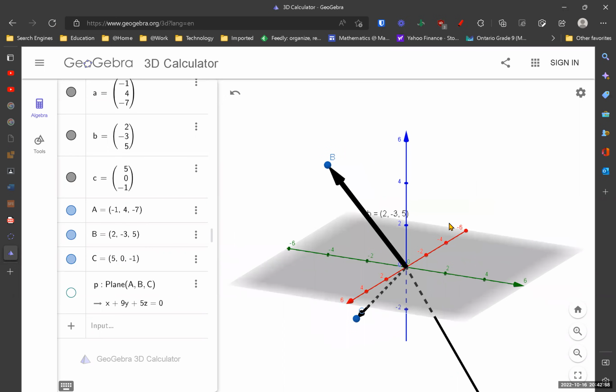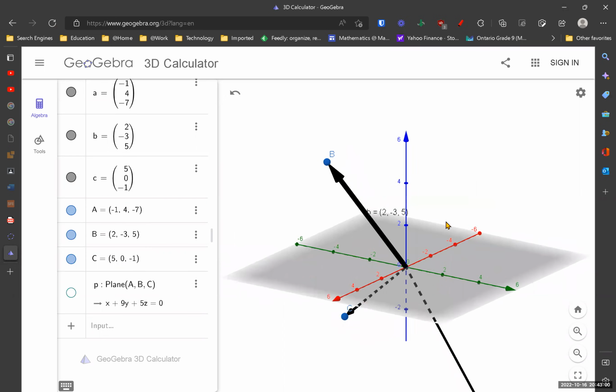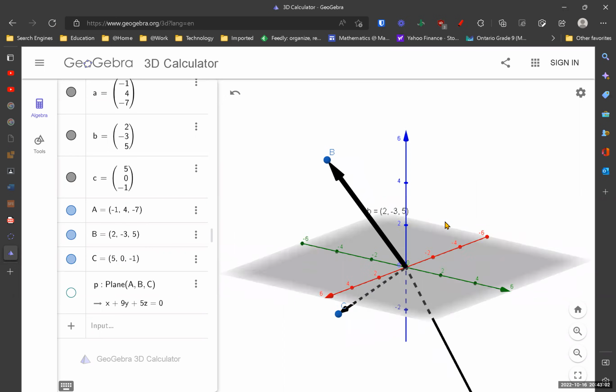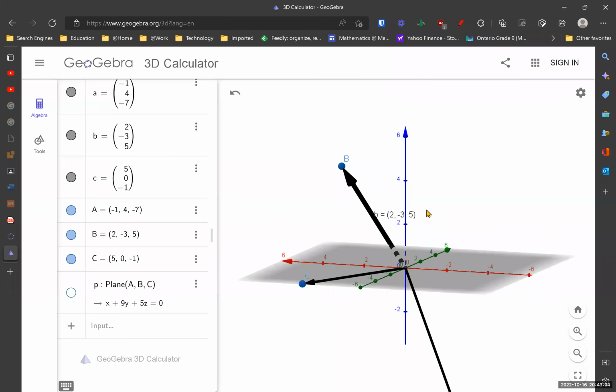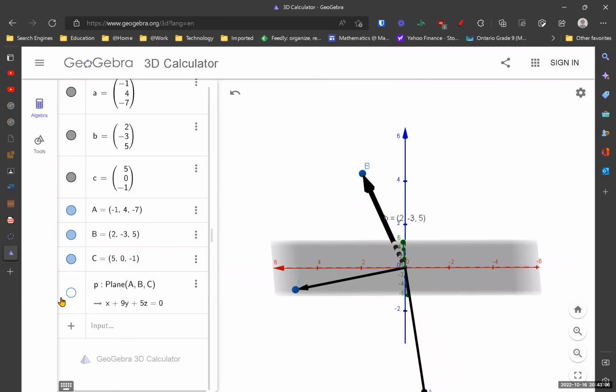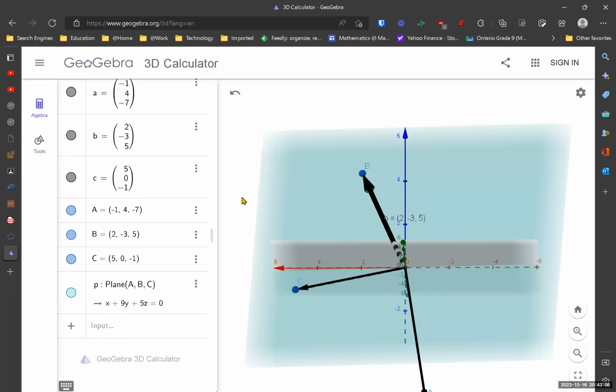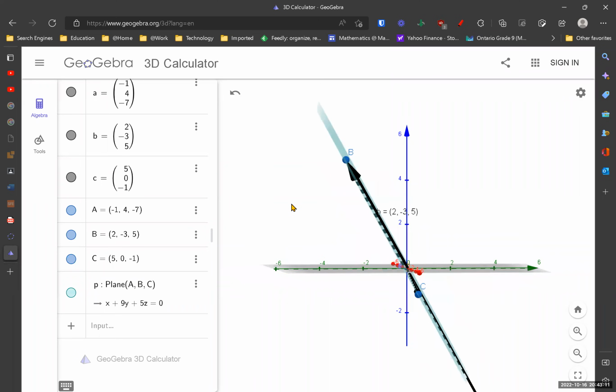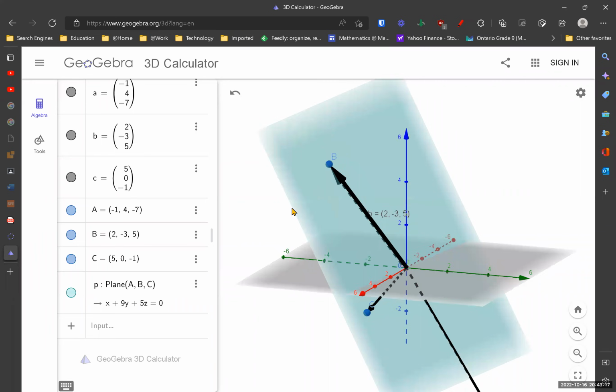The plane is not going to be exactly on an XY plane or YZ plane, right? In fact, it creates a plane on its own. So if I show you the plane, boom, this is the plane. Maybe it's easier to see this way. You can see all the vectors line up on that plane. Those 3 vectors make a plane.